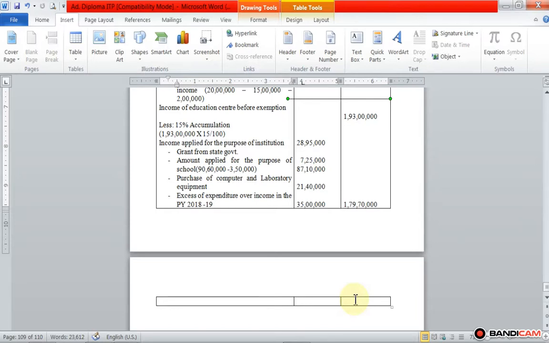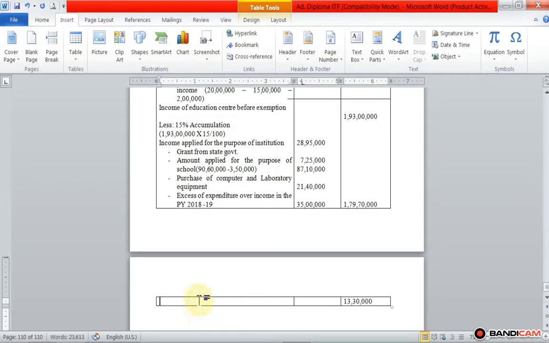So here we get the amount 13 lakh 30,000, and this amount is the income of the education center.